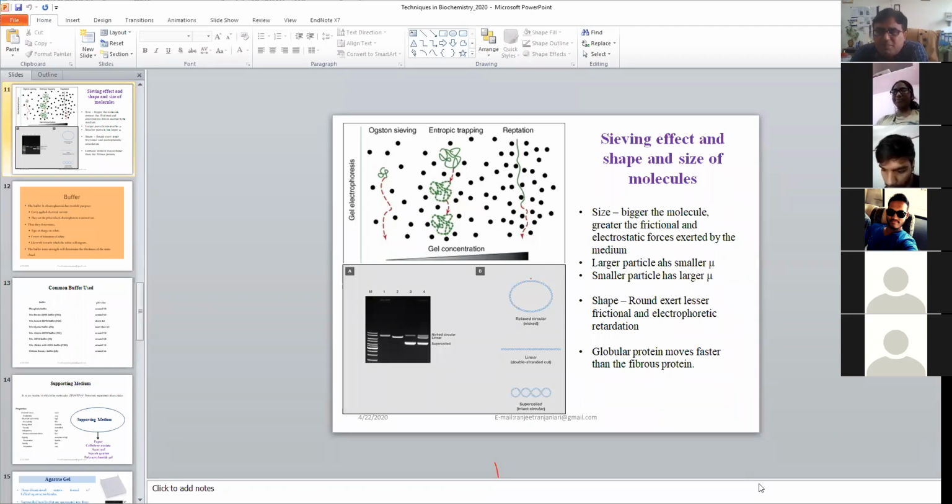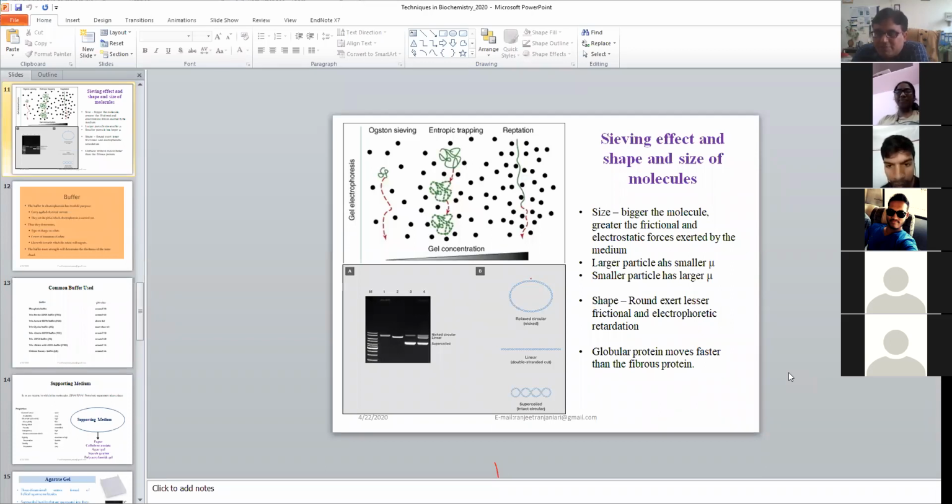Next, if you see shape, I have written that round exerts lesser frictional and electroretardation, right? When you have three structures here, supercoiled, linear, and relaxed or circular or nicked DNA, the shape which is very compact will move faster and have a very high mu value, whereas the shape which is extended will be entangled in the pores and will have less electrophoretic mobility.